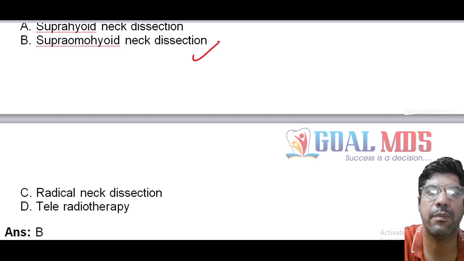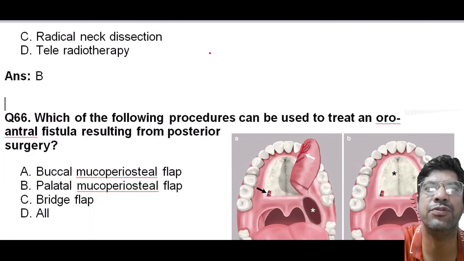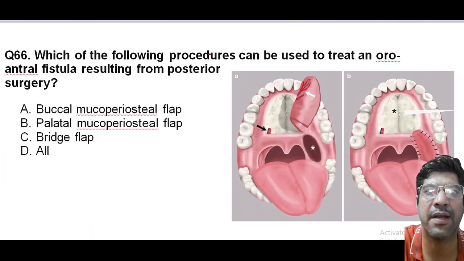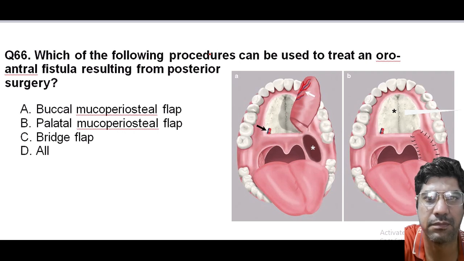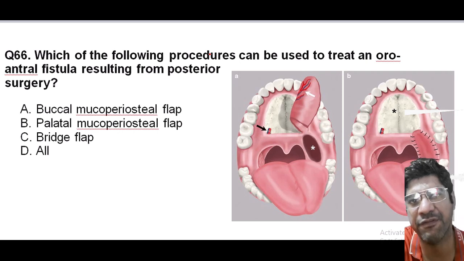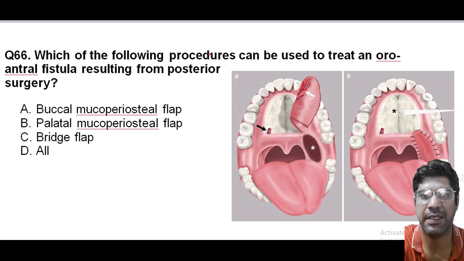Which of the following procedures can be used to treat oroantral fistula resulting from posterior surgery? The answer is all of them. So the choice of which technique to use will depend upon the characteristics of the fistula and patient anatomy.